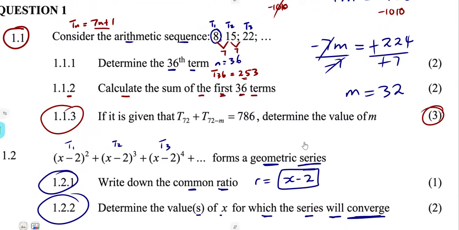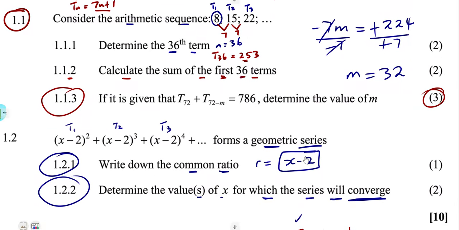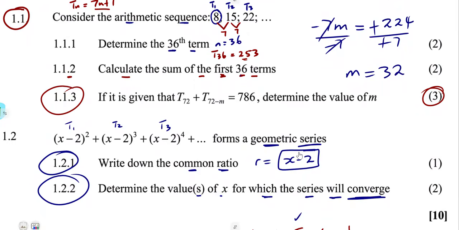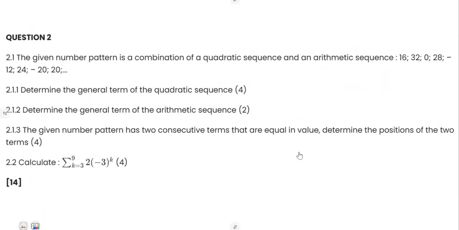As we can see, they do ask these questions, so you must revise. On question 2, we were given 2.1. The given number pattern is a combination of a quadratic sequence and an arithmetic sequence, a combined sequence, all right?